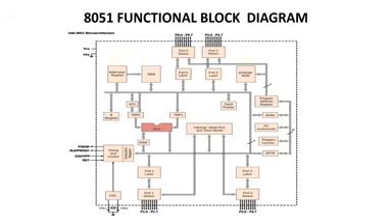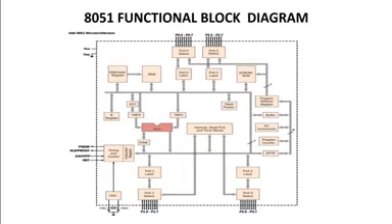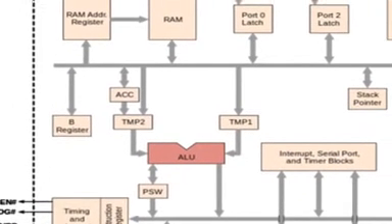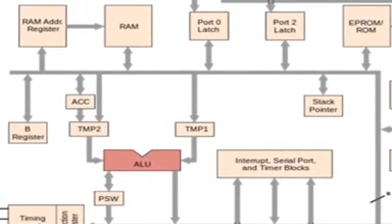So now in today's class we will see the functional block diagram of 8051. This is the functional block diagram of 8051. Here we have ALU, temporary register 1, temporary register 2.